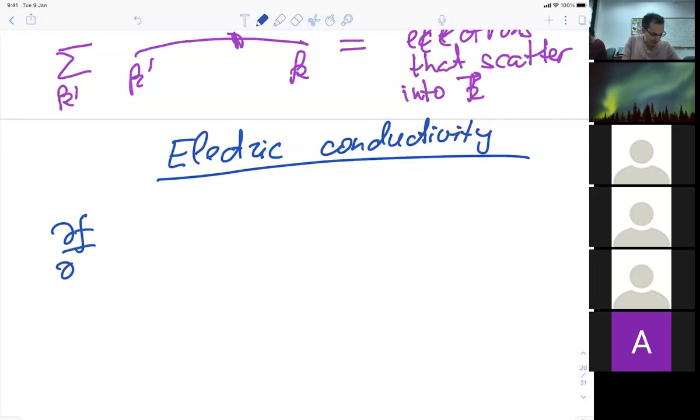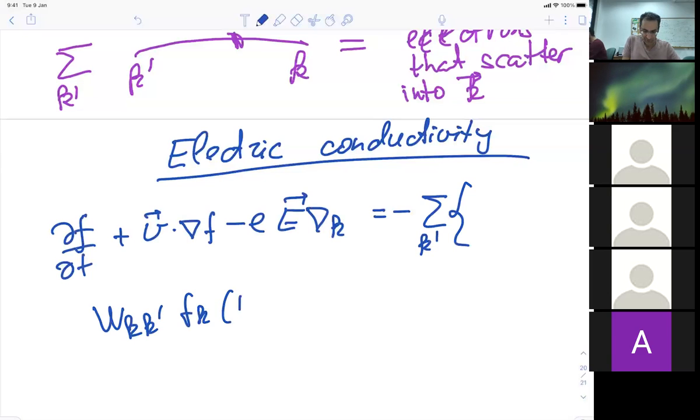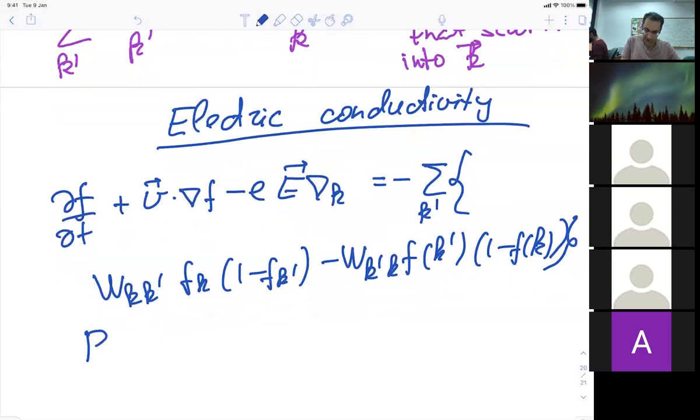So df over dt plus v grad f minus e times E grad k is equal to minus integral over k prime, and this whole long sum that we just learned, W k k prime f_k (1 minus f_k prime) minus W k prime k f_k prime (1 minus f_k). And let us assume for simplicity that the magnetic field is 0. No magnetic field.